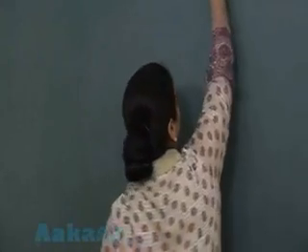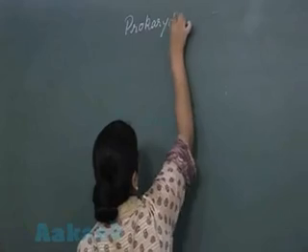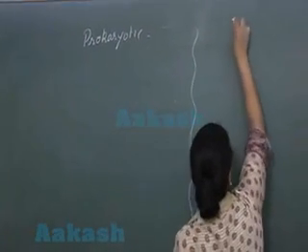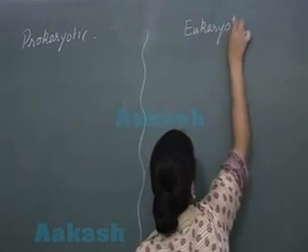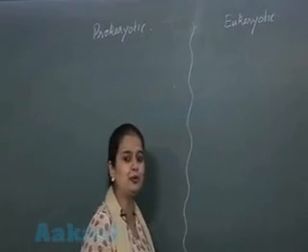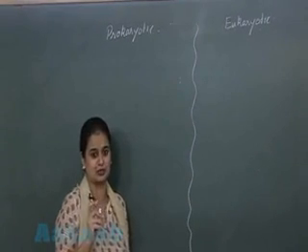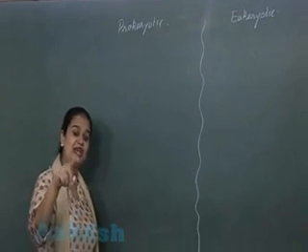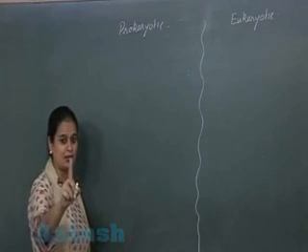Now the next difference. Let's see more differences between the prokaryotic and the eukaryotic cells. Here I will be discussing the organization of genetic material. In the prokaryotic cell there is presence of a primitive nucleus, in which the genetic material is not surrounded by a membrane.